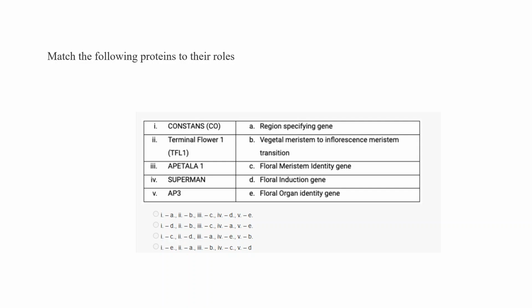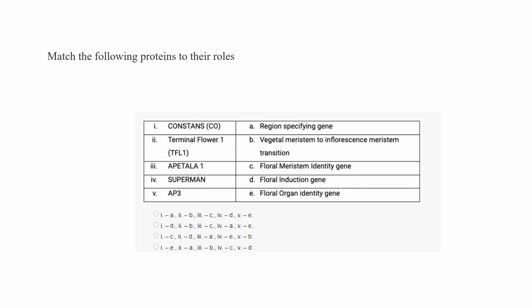Okay, let us try to solve this question now. So the first protein is Constans. In short, we write it as CO. So Constans is nothing but a floral induction gene. It is a photoperiod pathway regulator that promotes flowering.